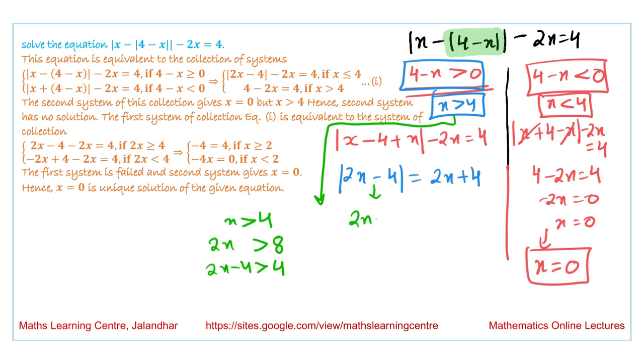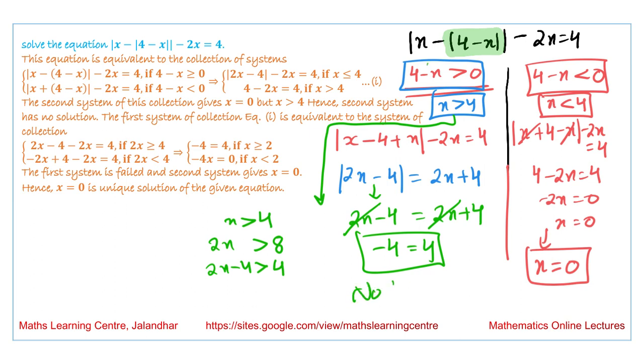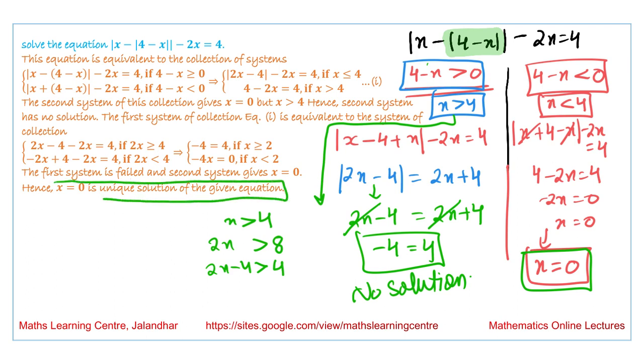So we get 2x − 4 = 2x + 4. The 2x and 2x get cancelled. We get −4 = 4, which is absurd. So there is no solution in this case. The final answer is x = 0, the unique solution of this system of equations.